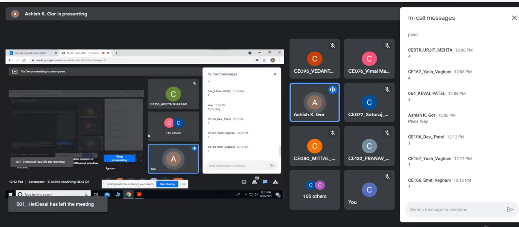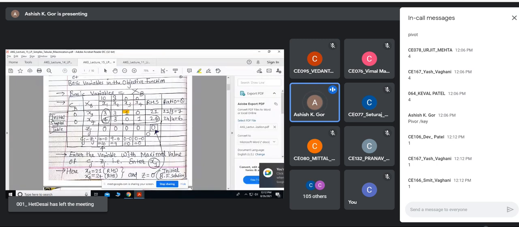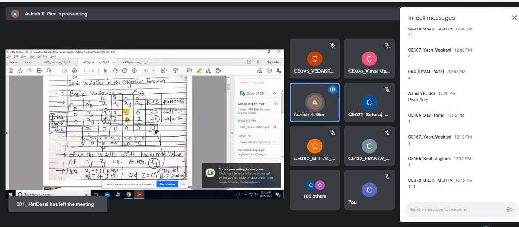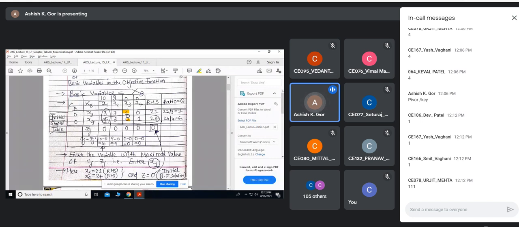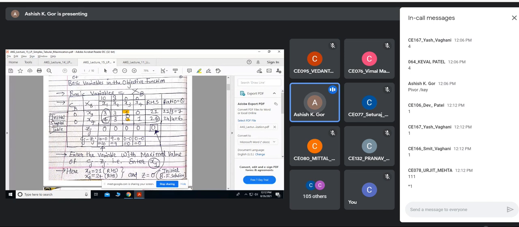It is 1 only. Why? Because you see there is a 0 and 0 is very easy. 0 into something is always 0. So 1 minus 0 is 1. So it remains the same. If either the corresponding key row element or key column element is 0, there is no need to do anything. Just the old value needs to be copied. So this remains 1 only.